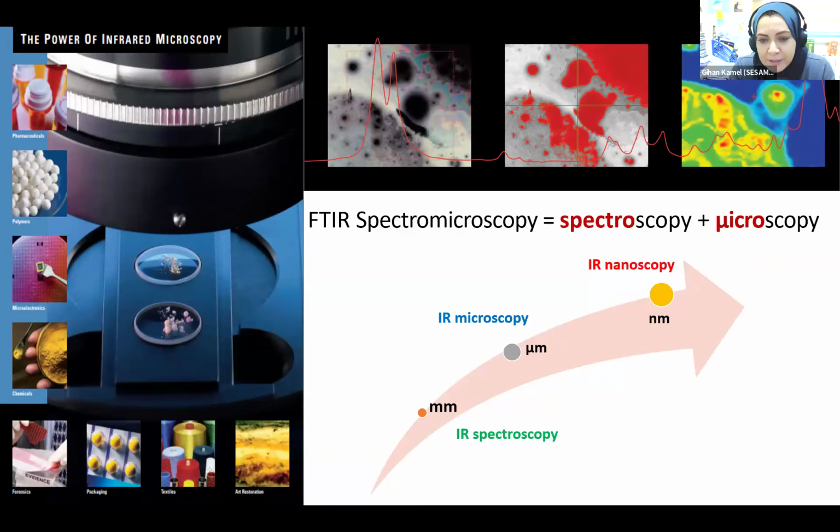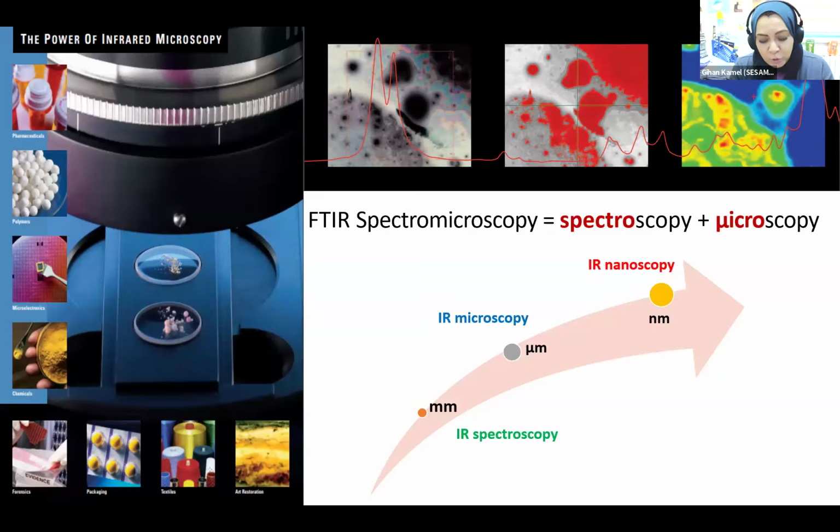And again, as Christoph mentioned, we have different scales of measuring with infrared. If I say millimeter, I would be talking about conventional infrared spectroscopy. If we are doing microscopy, then we're talking about the microscale. And when we mention nanoscopy, that means we are speaking about the nanoscale.